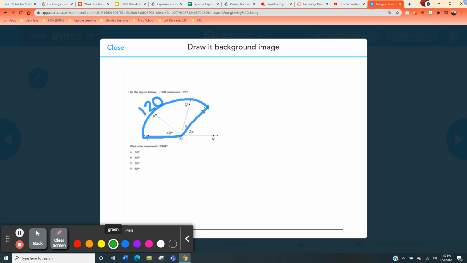So I know that this whole thing is 180. So I'm going to start by solving for 2x. So if what's left here, I know that this first part is 120, so I would have to do 180 minus 120 to figure out what's left. So that means that 180 minus 120 would give me 60.